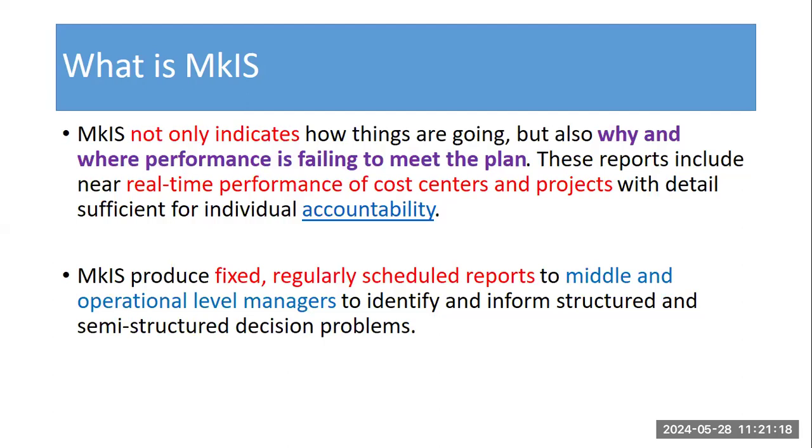So then, a marketing information system not only indicates how things are going, but also why and where performance is failing to meet the plan, right? The system is not only trying to help decision makers make a decision.